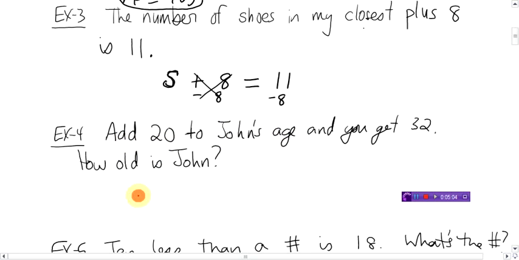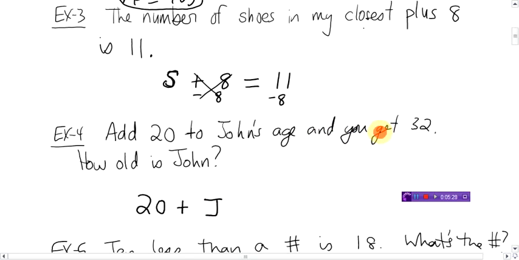So we're going to add 20, so 20 plus John's age. Do we know what John's age is? No. So what can we say in place of that? It's some unknown number. John's age, let's call it J. So 20 plus John's age, let's call it a capital J, why not?